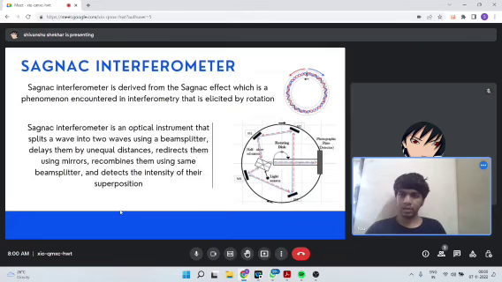So the next type of interferometer we have is the Sagnac interferometer, which works on the principle of the Sagnac effect. What the Sagnac effect basically means is that when you rotate the medium and run light in two different directions, the paths traveled optically will differ, even though by an insignificant amount.